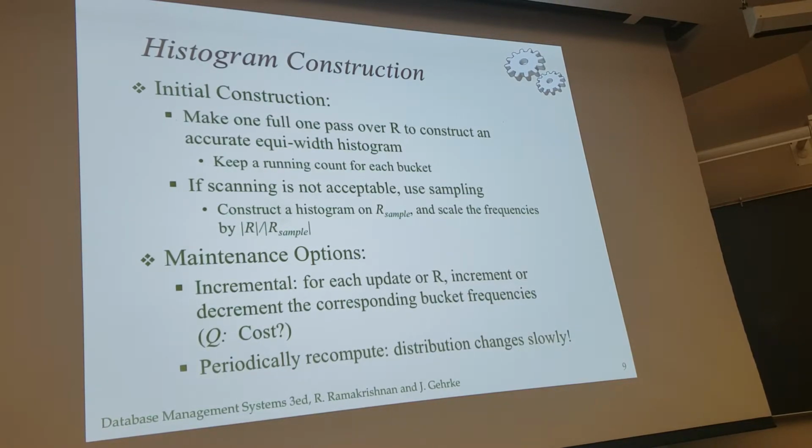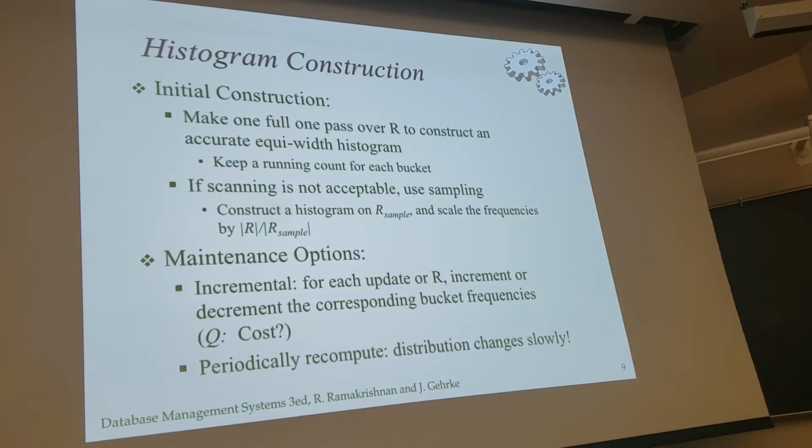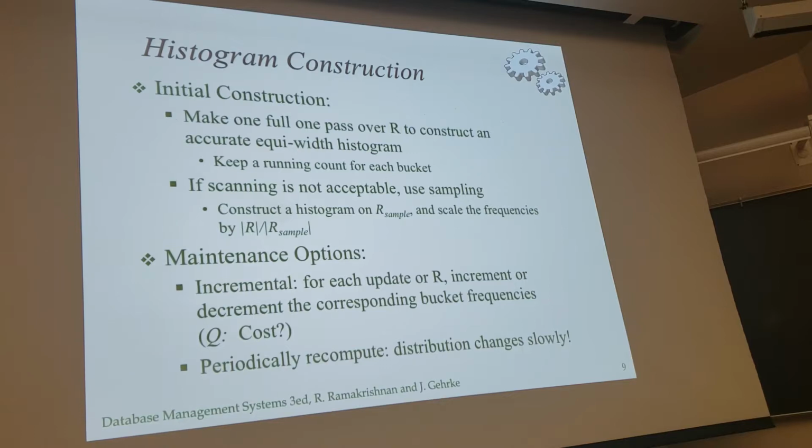Another thing that I can do is every time there's an insert, update, or delete, I can change the histogram values as I go, not necessarily always writing it out to the catalogs, but keeping track of it in memory. The tendency has been to do more of the periodic recomputation because keeping the exact histogram, even in memory, usually ends up not necessarily being worth it.